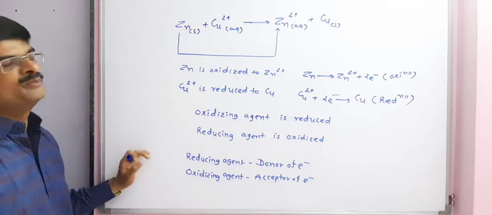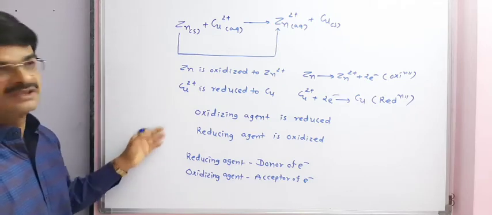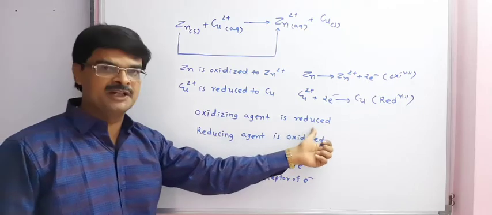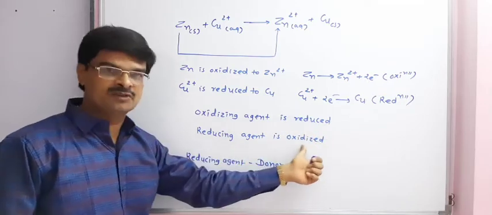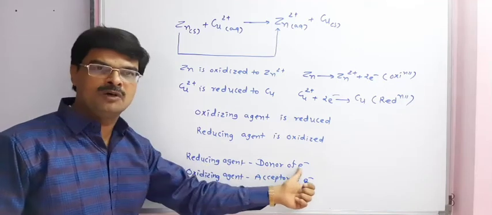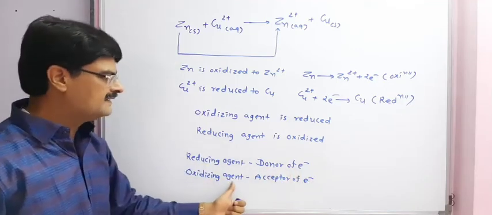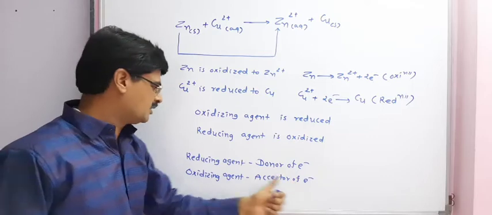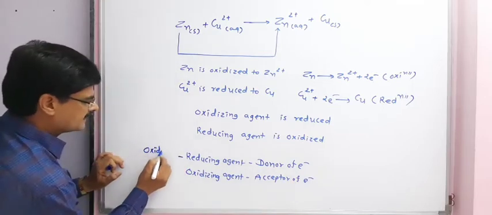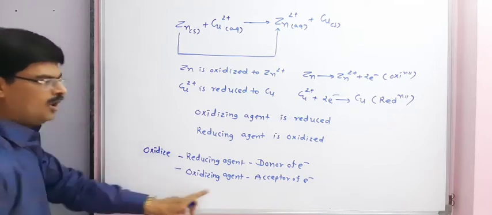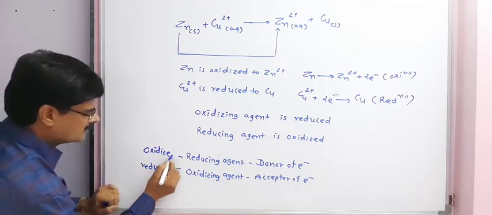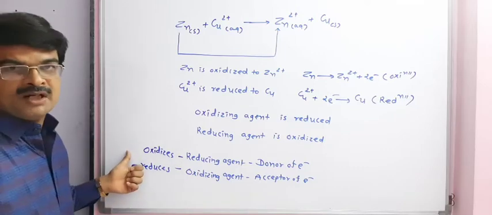So these are some important terms that are necessary to understand. Oxidizing agent is reduced, reducing agent is oxidized, reducing agent is donor of electron and oxidizing agent is acceptor of electron. Reducing agent oxidizes, oxidizing agent reduces. So these are some important terms.